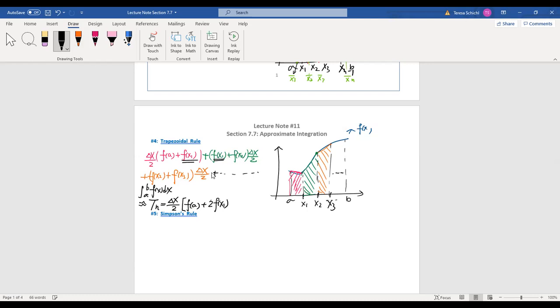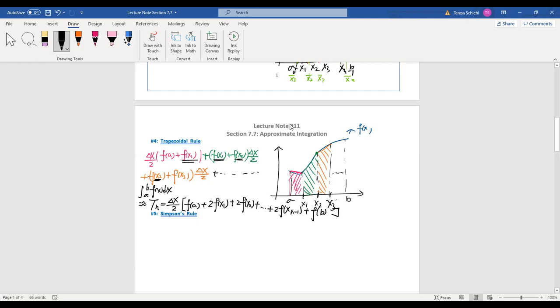Right, so how about f of x2? I have f of x2, I have f of x2, so I have 2 of f of x2. Then I continue all the way to 2 of f of x(n-1), then plus 1 f of b. Right, so that is what we call the trapezoid rule here.